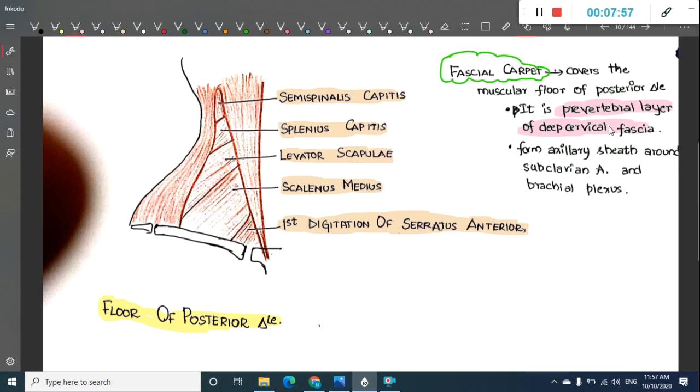It also forms the axillary sheath around the subclavian artery and brachial plexus. This is the fascial carpet. What are the floor muscles again? Semispinalis capitis, splenius capitis, levator scapulae, scalenus medius, and first digitation of serratus anterior.